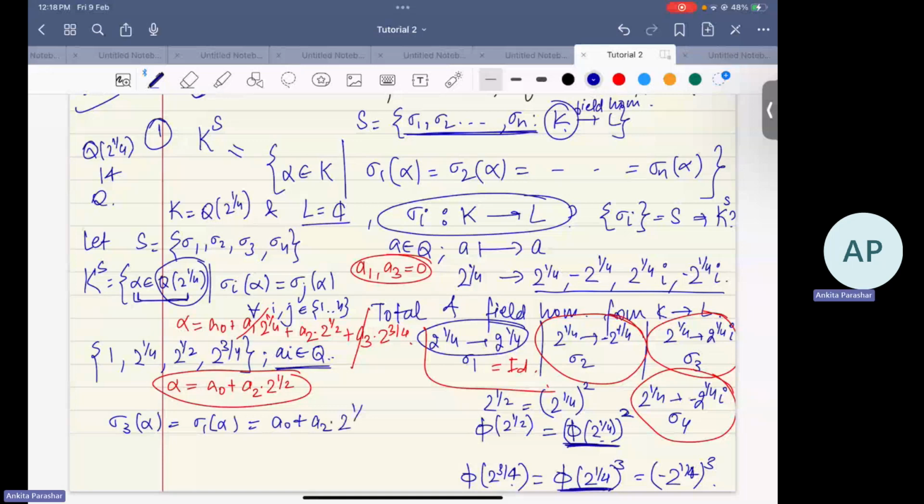So suppose K over F is a field extension, what is the Galois group for that? This is the first question. What are the Galois groups of this field extension and this field extension? So think for a minute.